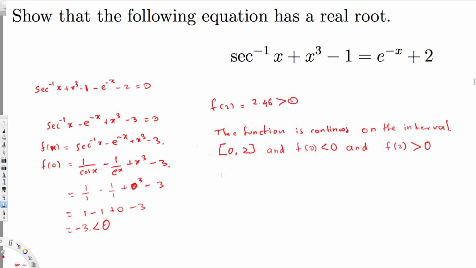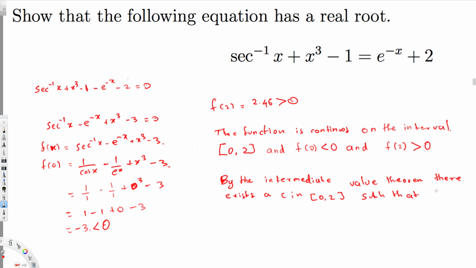So according to that, we can state that by the intermediate value theorem, there exists a c in (0, 2) such that f of c is equal to 0.